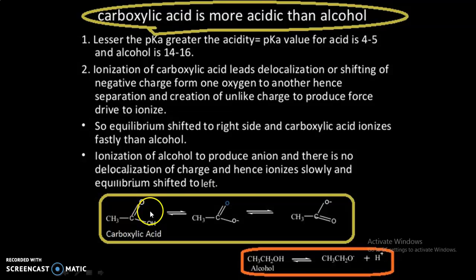The shifting of the charge occurs between these two oxygens. So the equilibrium shifts to the right side and carboxylic acid ionizes faster than alcohol. Ionization of alcohol produces an ion with no delocalization of charge, and hence it ionizes slowly and the equilibrium shifts to the left.